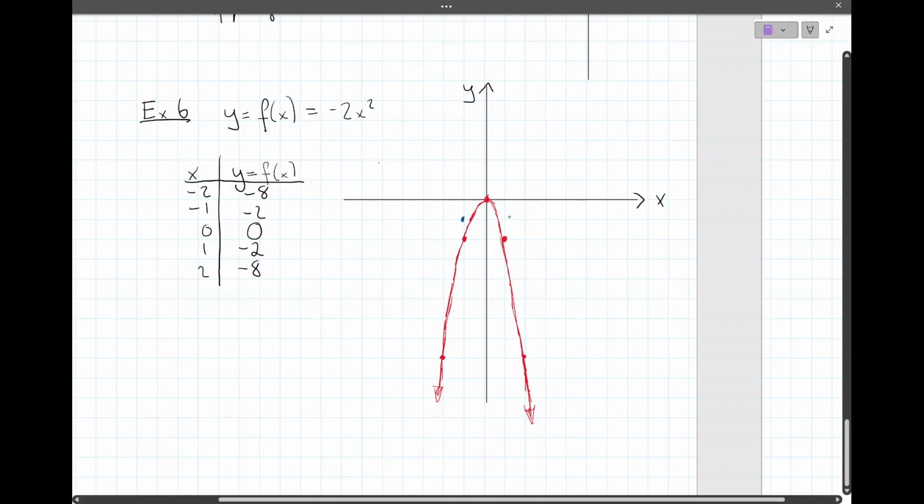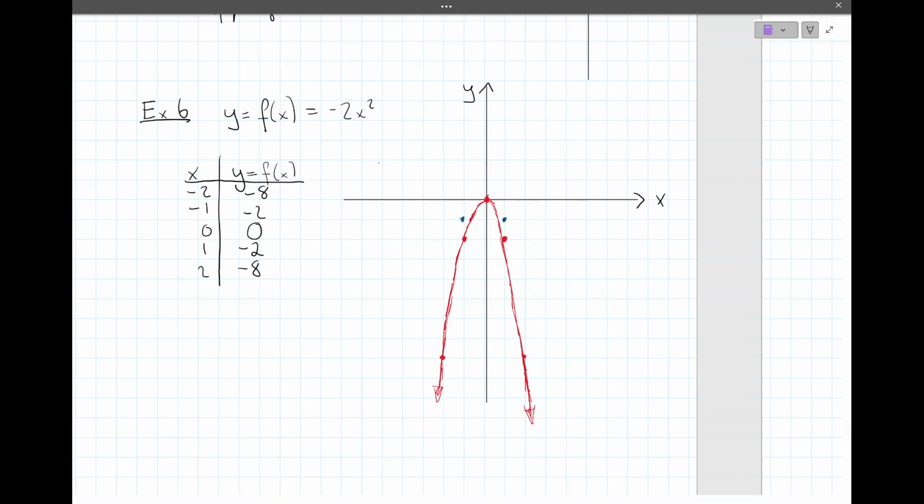If we graphed -x squared, it would look like this. It would be over here, and this would be -9 there. So you can see that if the blue was our original parabola, the times 2 made us get to our y values 2 times faster, right?